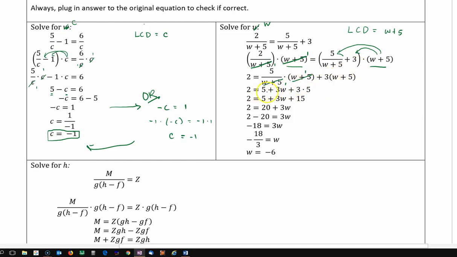Plus 3 times W plus 5. So you're just left with 5 for this first term. And then distributing the 3 to W and 5, you will get 3W plus 3 times 5, which is 15. So we have left 2 equal to 5 plus 3W plus 15. You have these to combine.